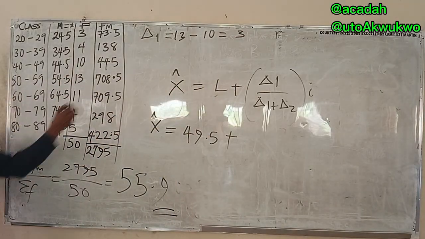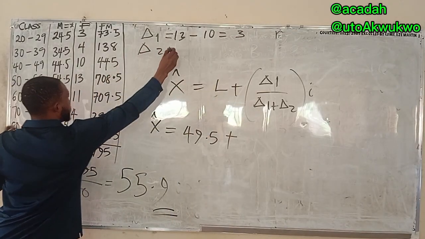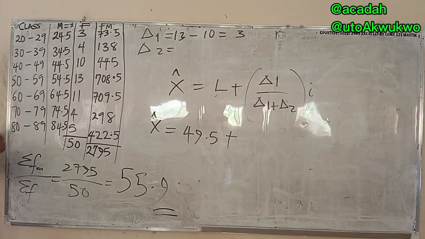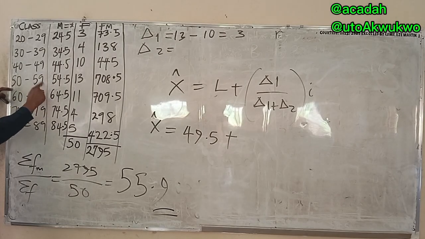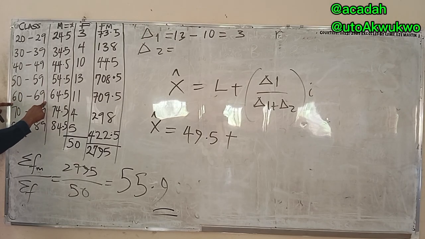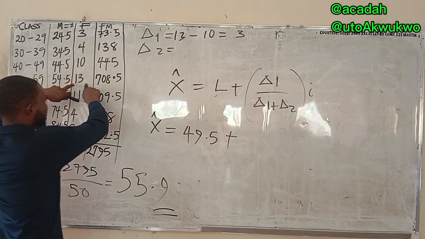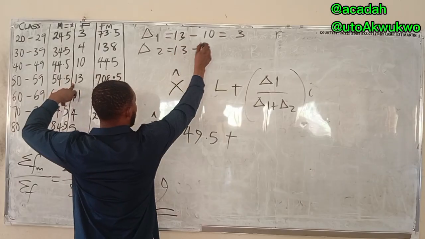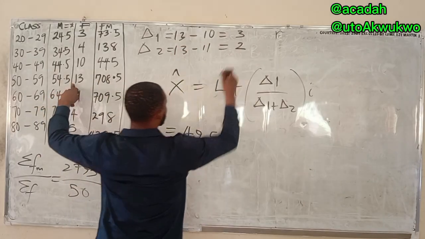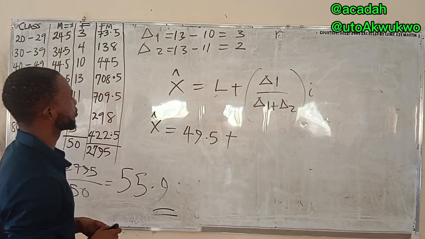Now do it again for the other one. The class after the modal class has a frequency of 11, and the modal class is 13. So 13 minus 11 is 2.